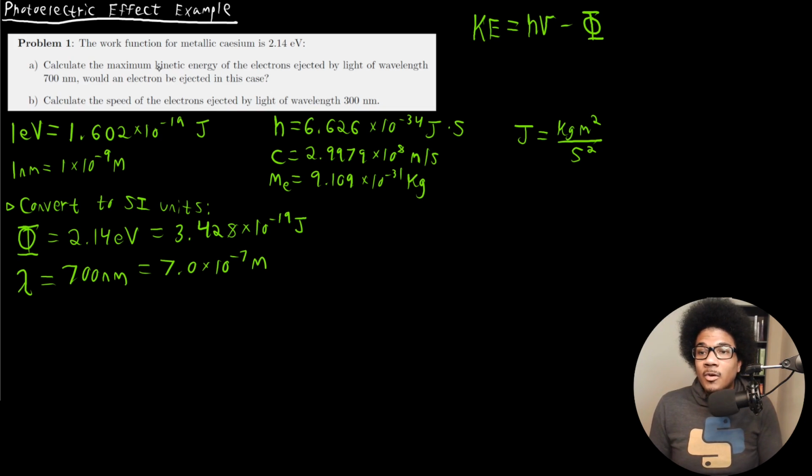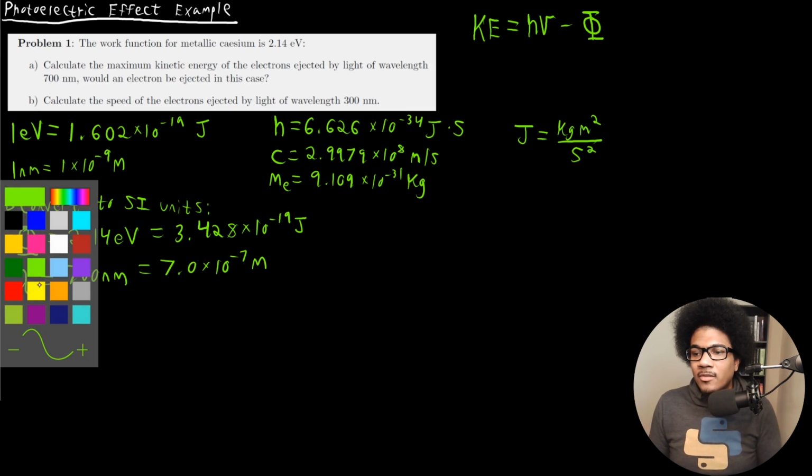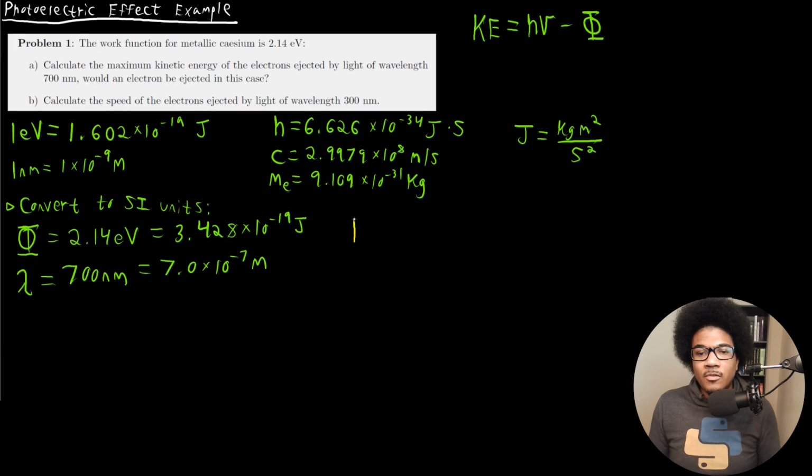So now part A is asking us: would an electron be ejected from the metal in this case? We saw in the previous video that if the impinging radiation has less energy than the work function, an electron would not be ejected. So if h nu is less than the work function, then we wouldn't get a photoelectron.